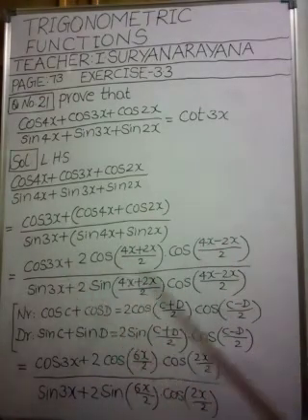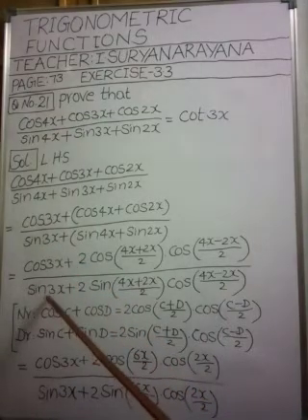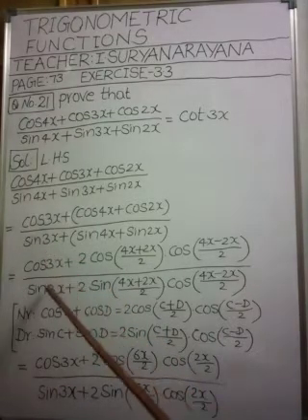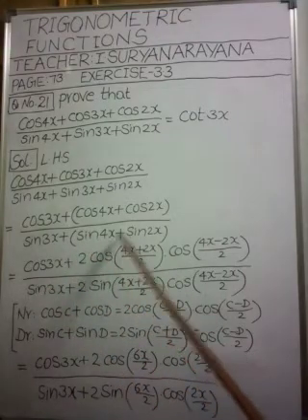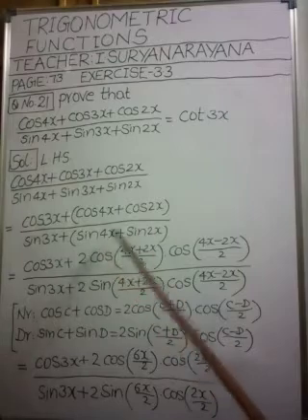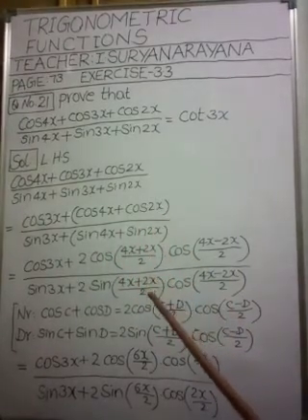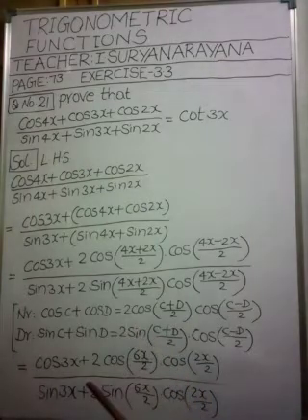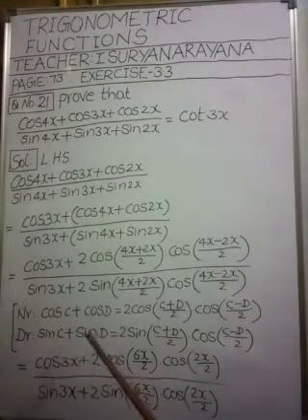Right. Divided by, come to the denominator. We write the first term sin 3x as it is, because we are not disturbing it, plus observe these two terms. Which transformation formula is suitable to simplify these two terms? Yes, sin c plus sin d.